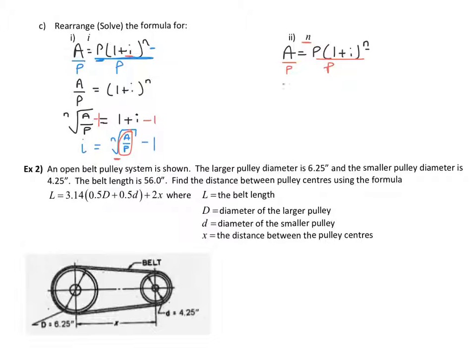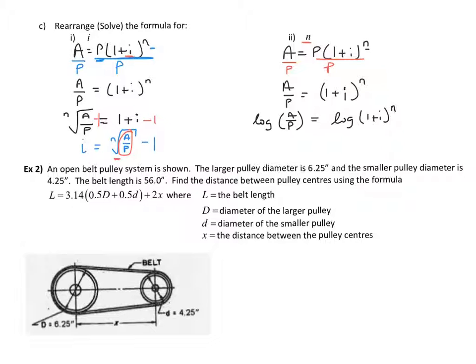And we're going to have A divided by P being equal to (1 plus I) to the exponent of n. Now this is kind of nice because it goes back and reviews the things that we did in our logarithmic functions unit. I can't solve for an exponent. What I'm going to do is take the common log of both sides. So the log of the left side, A divided by P, equals the log of (1 plus I) to the exponent of n.